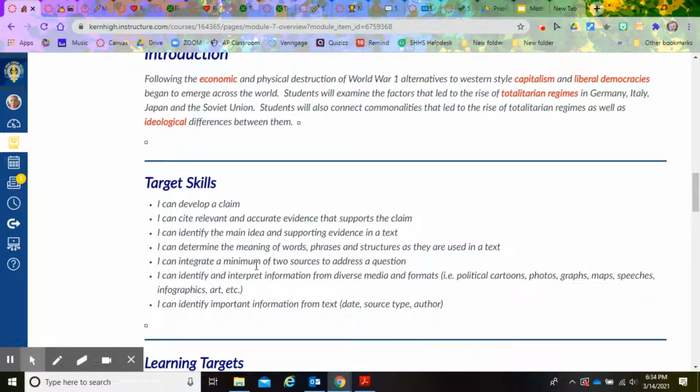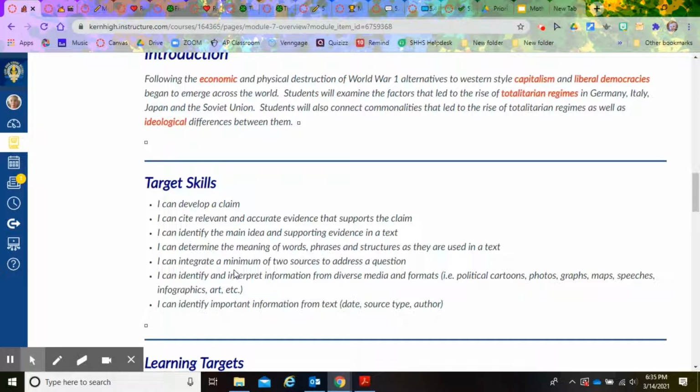Okay. We are going to look at our target skills. These are still the same ones that we have been working on this entire year. Developing a claim, remember that is just the answer to the question, citing relevant and accurate evidence that supports that claim, identifying the main idea and supporting evidence in a text, determining the meaning of words, phrases, and structures as they're used, and integrating a minimum of 2 sources to address a question.